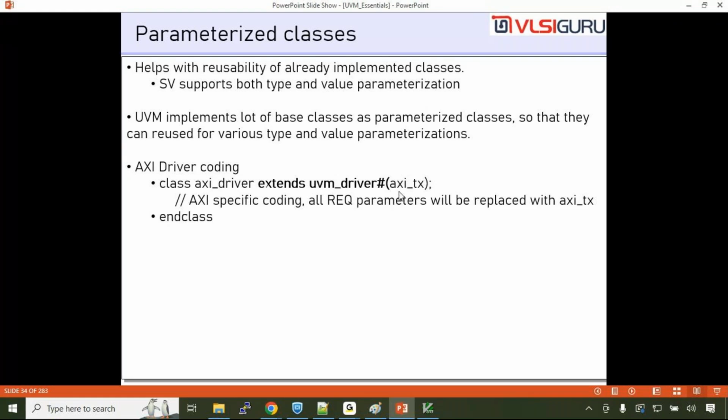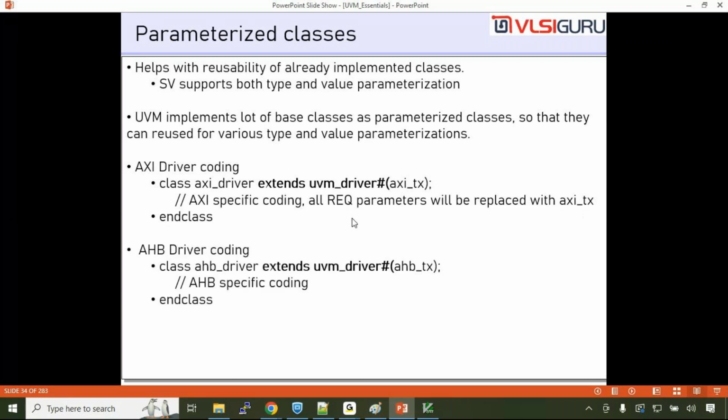UVM driver. What is the parameter? AXI transaction. It is AXI specific coding. For the request parameters, there will be a variable called REQ and a variable called RSP. REQ stands for request, RSP stands for response. They will be replaced with AXI transaction.